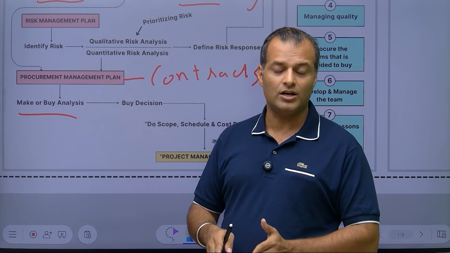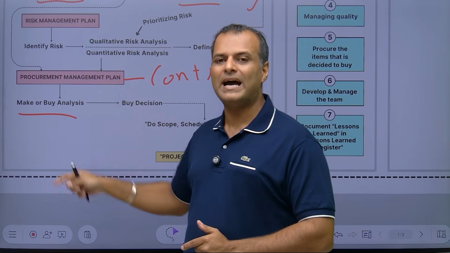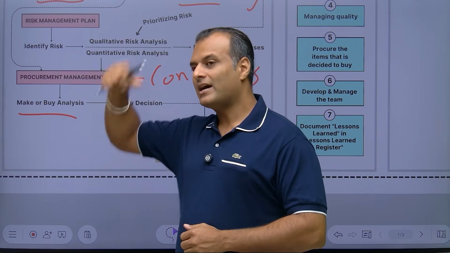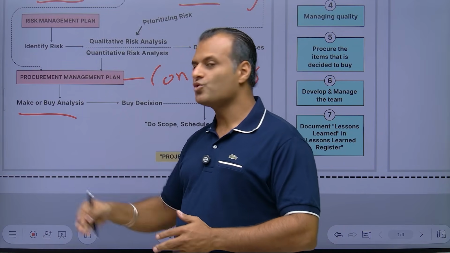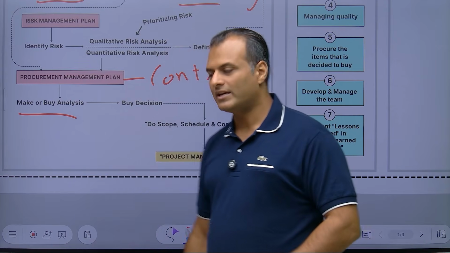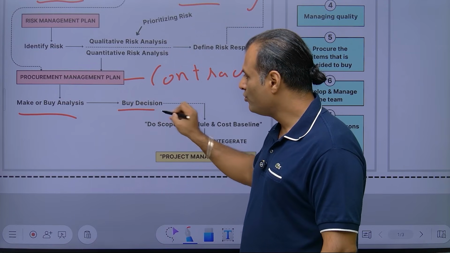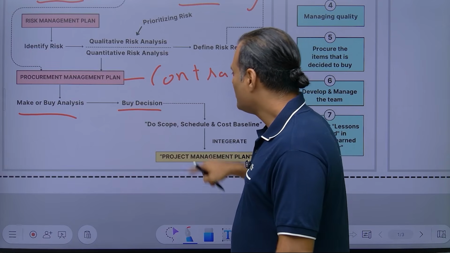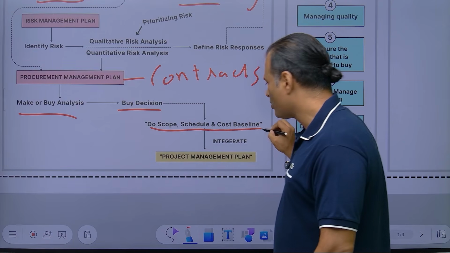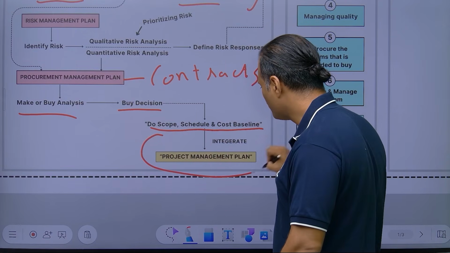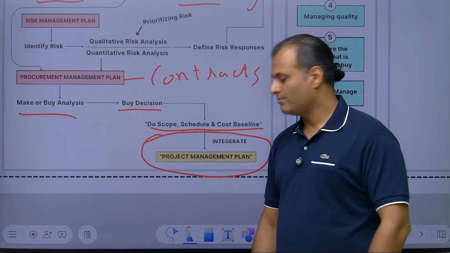Am I constructing it inside? So you do make or buy analysis, making it in-house by EHS or outsourcing it to a vendor who is an expert in making swimming pools, right? So if you do the buy decision, then you will update the scope, schedule, cost baseline, and everything in the project management plan.